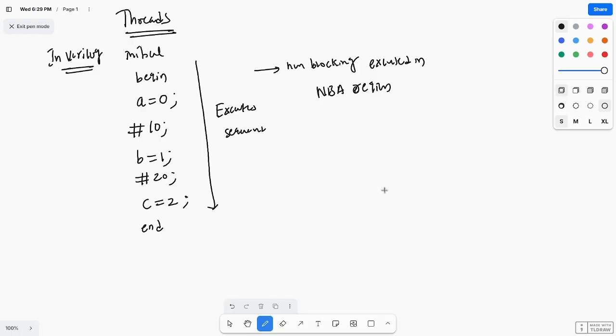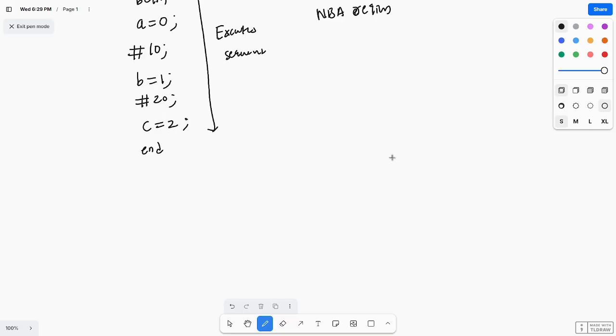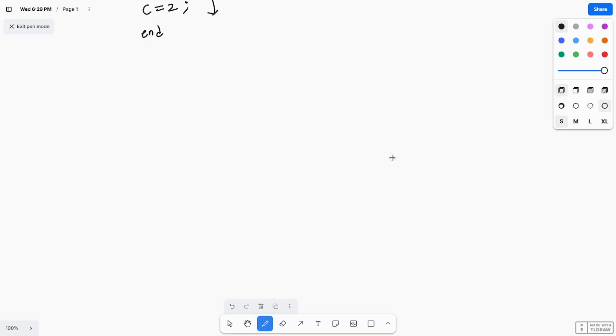Suppose you want to execute these instructions in parallel. What you need to do is use this threads concept.